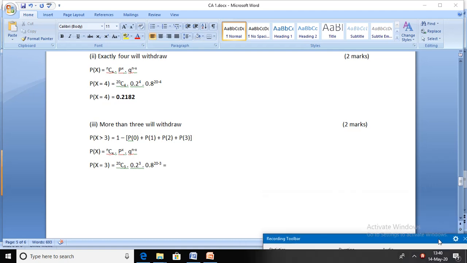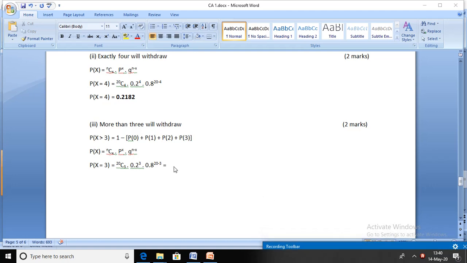Tap that into your calculator. You should have 0.2054. That's the probability of x equals 3.